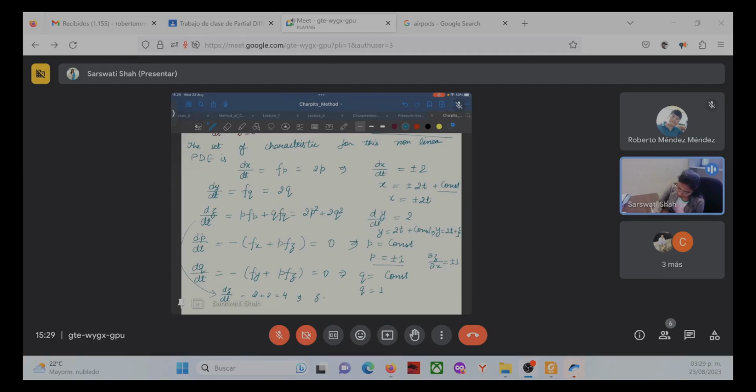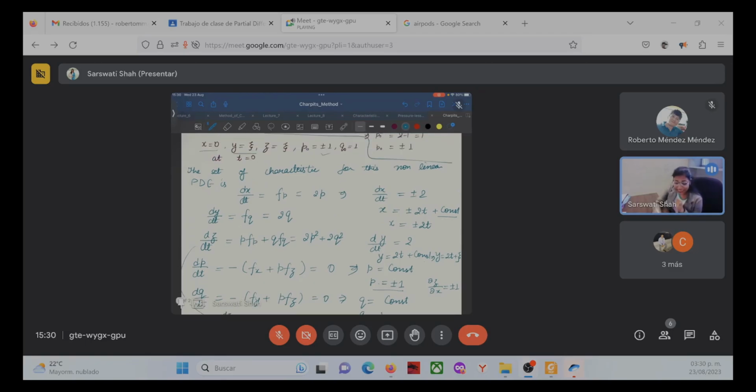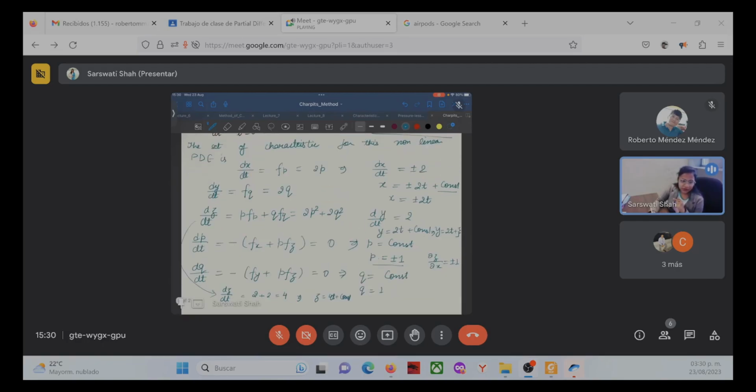So basically z equals 4t plus constant. Again, if we use the initial datum z equals xi at t equals 0, we will get this constant equals xi, that is z equals 4t plus xi.